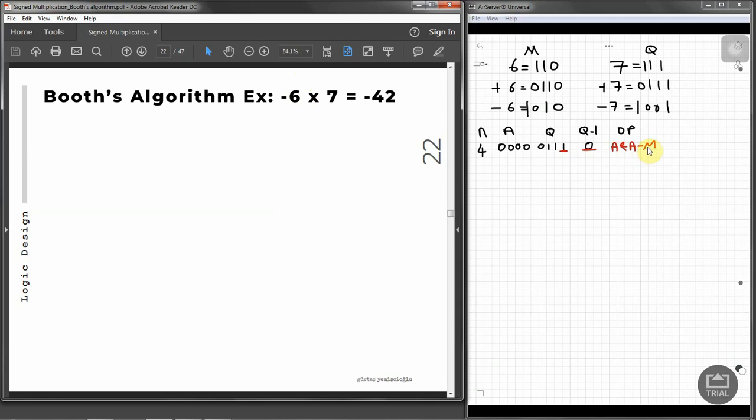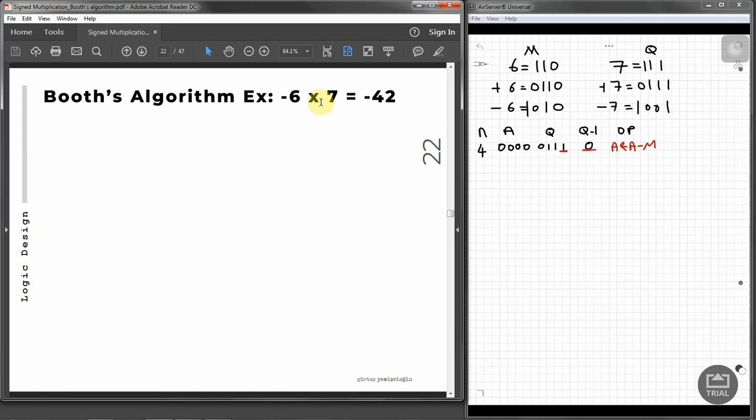So minus M, minus 6 will actually give us plus 6. I'm going to repeat once again. M over here is minus 6. So that means minus M is going to be minus, minus 6, it's going to be plus 6. Minus minus is going to be plus. And 7 is just our Q.